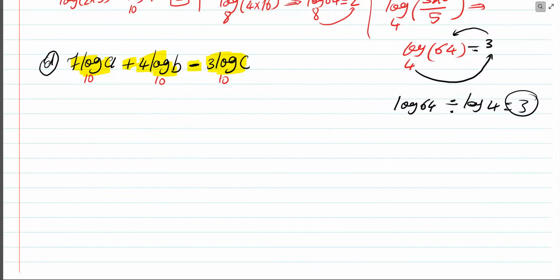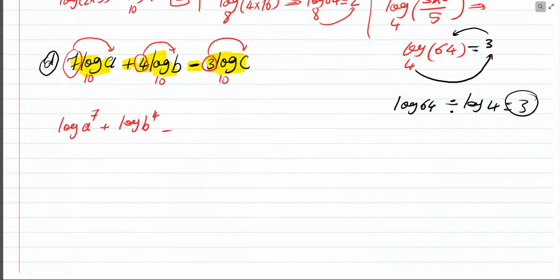And there is a number in front of each log, in the first one we have 7. By the third property, the power property, I can move it back as the power of A, and 4 also to B, and 3 also to C. So I will get log base 10 of A power 7 plus log B power 4 minus log C power 3.